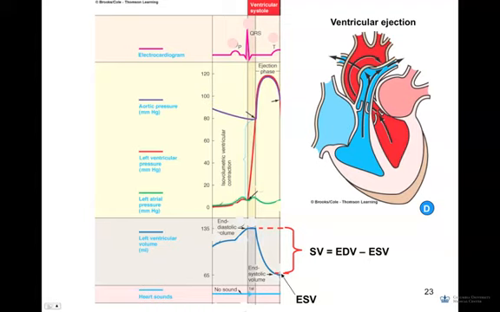You can see that over here on the picture. Then blood rushes out of the ventricle, and we enter what we call the ejection phase. We're ejecting blood out of the ventricle. Down here, if we look at the ventricular volume, you see it is falling rapidly.